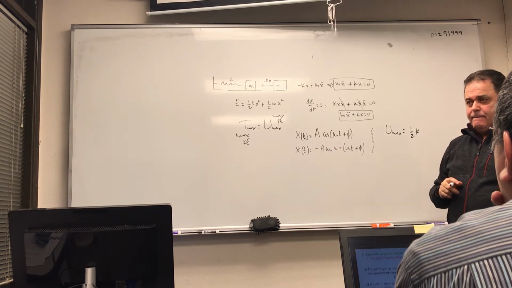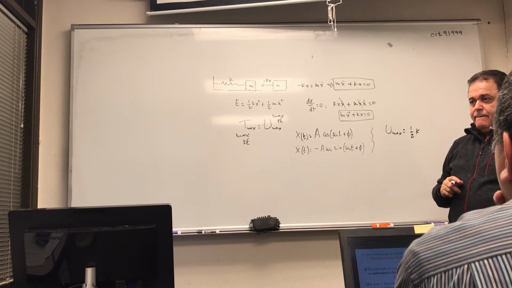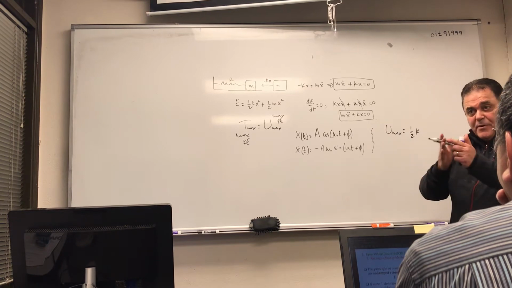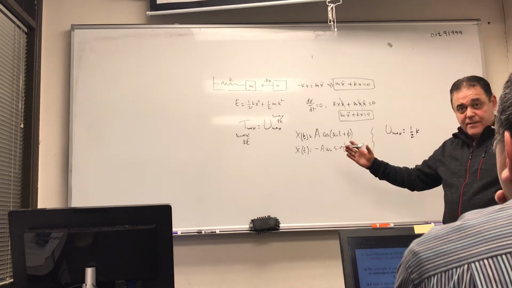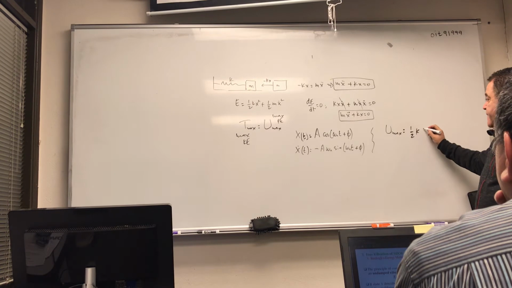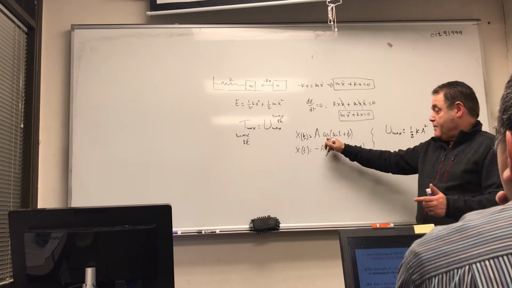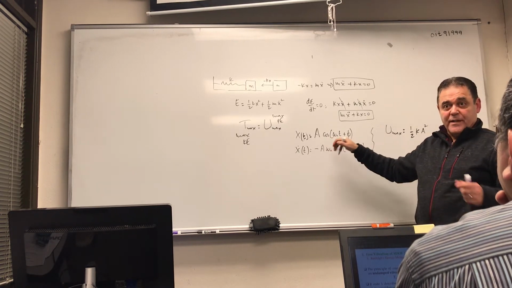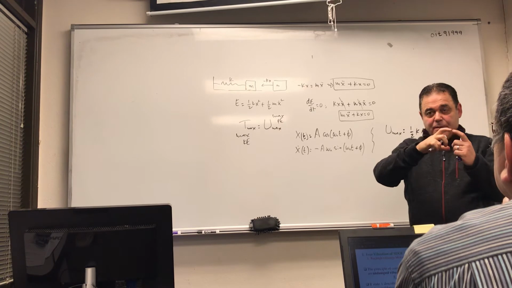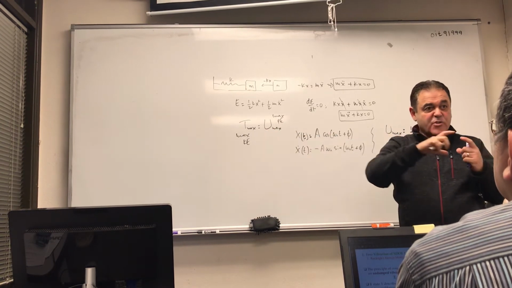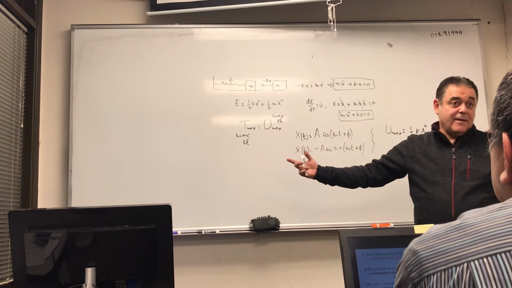Oh, sorry, it would be A. Remember, that's the amplitude of vibration, right? So it's going to be 1/2 of k A squared. Because remember, the maximum value of a cosine is 1. That means that the maximum displacement my mass is going to go from equilibrium will be A, right?